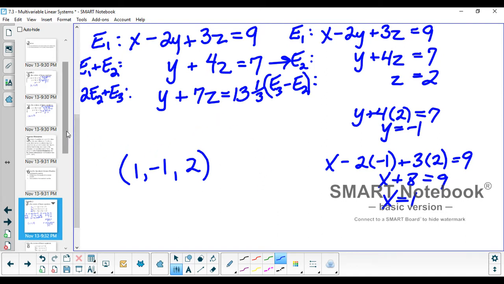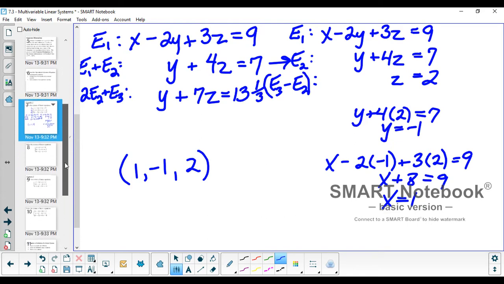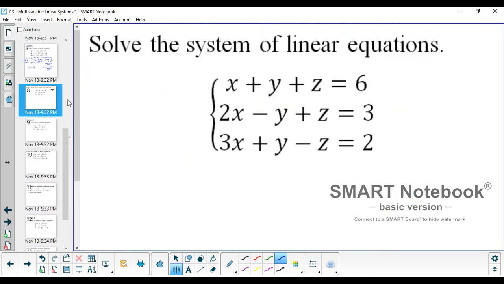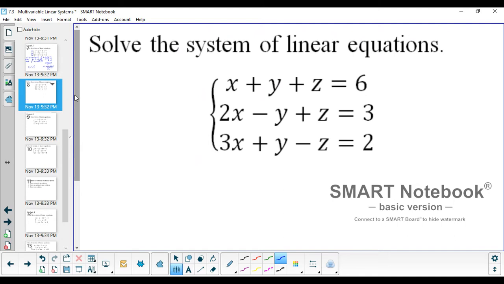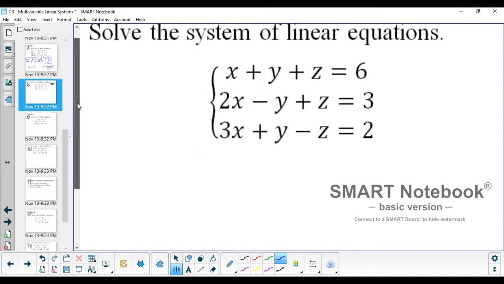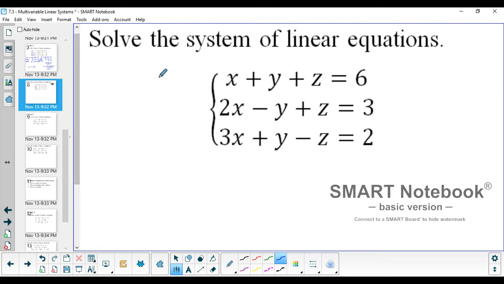This is all very new to us, so it's definitely going to take some practice. What I suggest you do here is pause the video now and try this on your own.